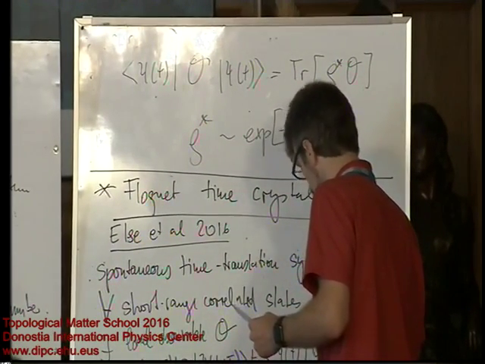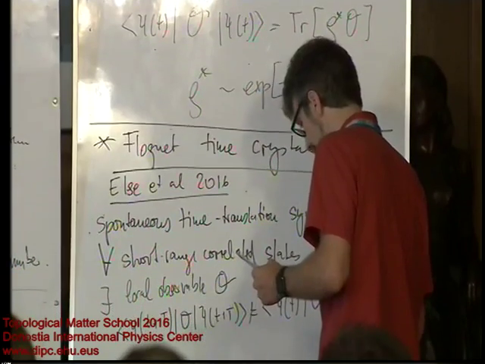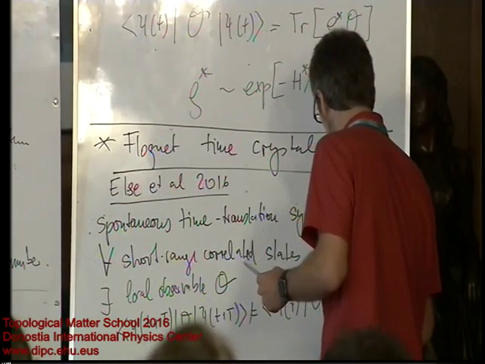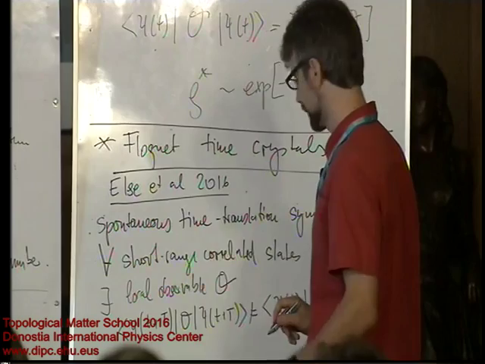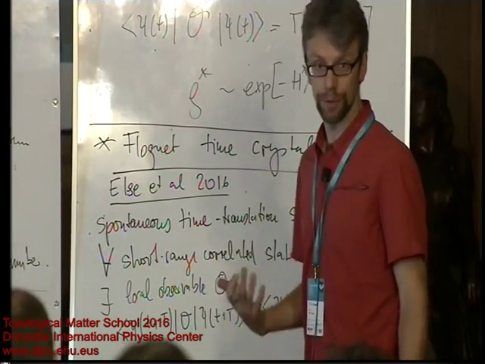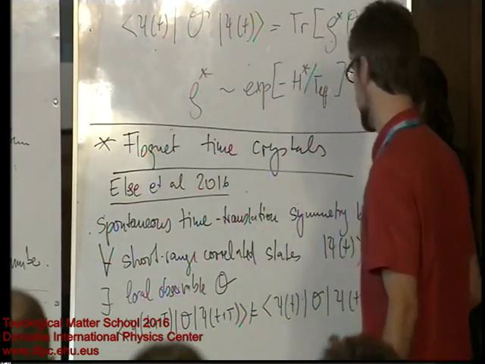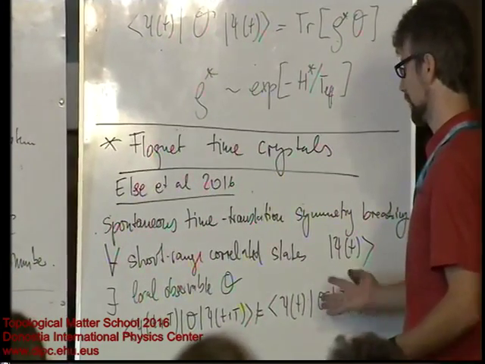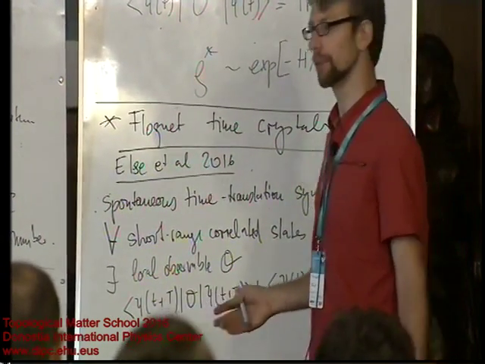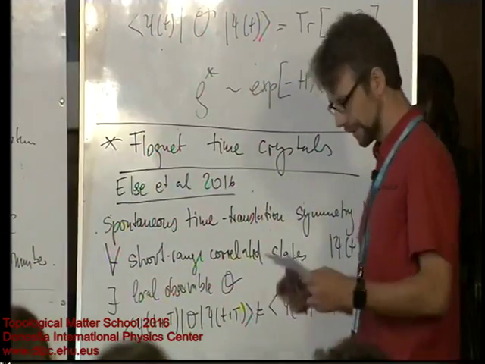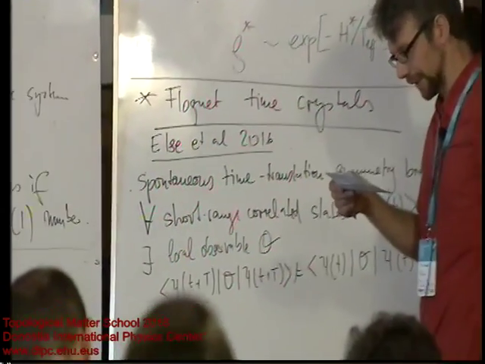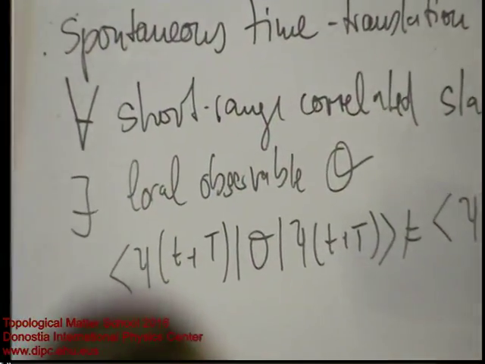Okay? And of course, between t and t plus capital T, I evolve this state with the unitary of my driven system. So that's the point. It's a statement, of course, about the type of driving that I use to get from t to t plus capital T.